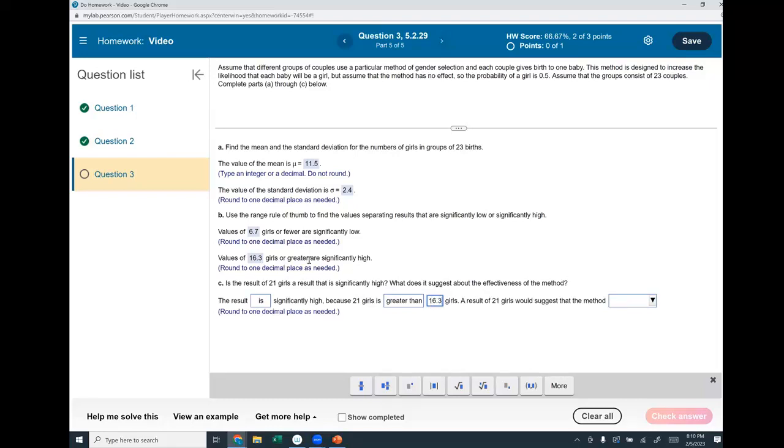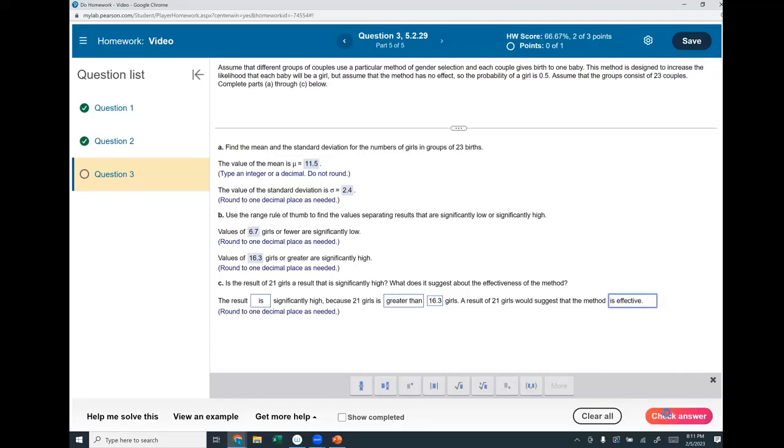For significantly high. A result of 21 girls would suggest that the method is, well, let's see what the method was. Gender selection, each couple gives birth to one baby. Well, it's increasing the likelihood by a lot. So I would say is effective.